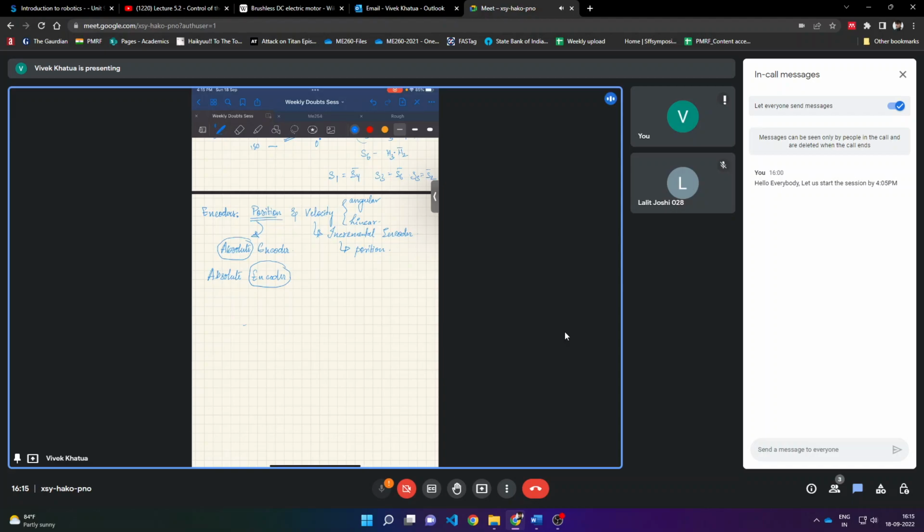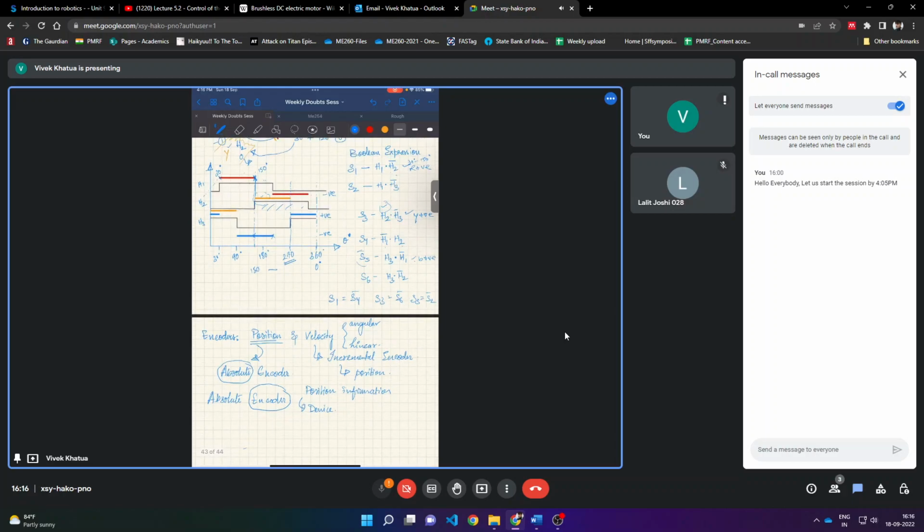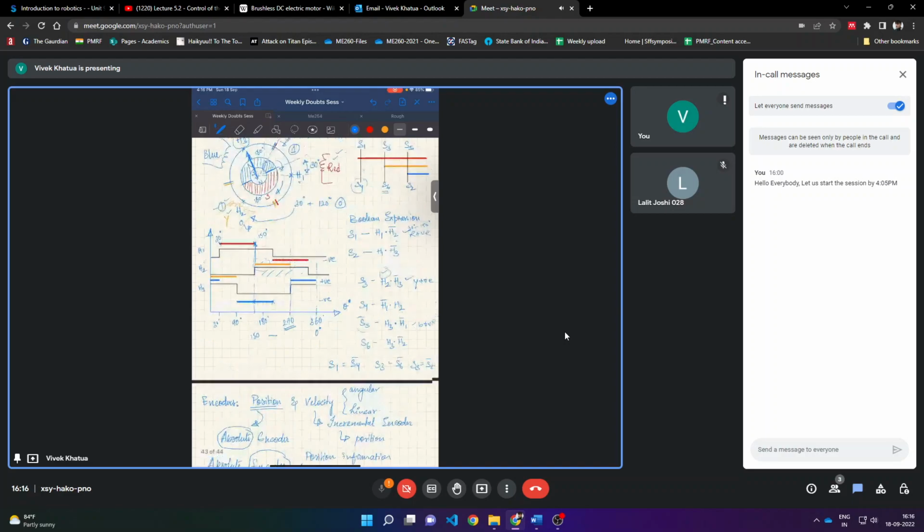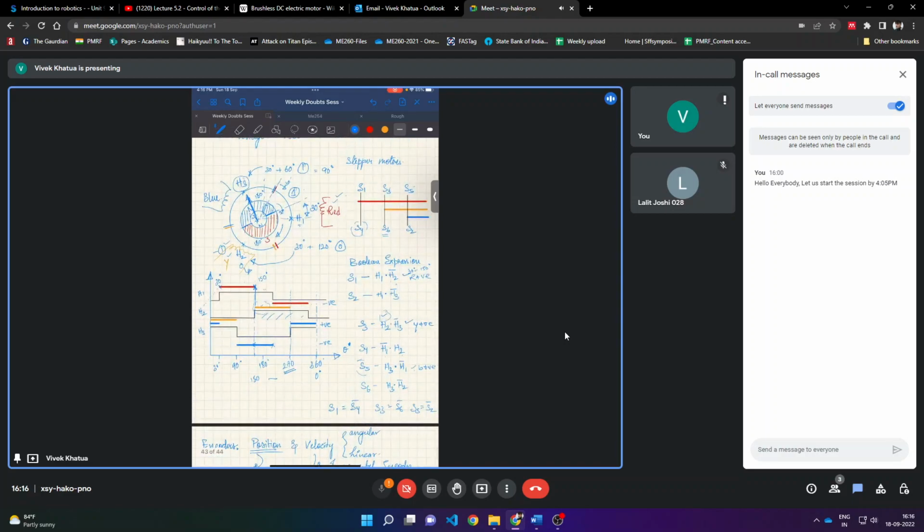We are encoding some position information in a device. Like we had hall sensors here, they give fixed position of your rotor.